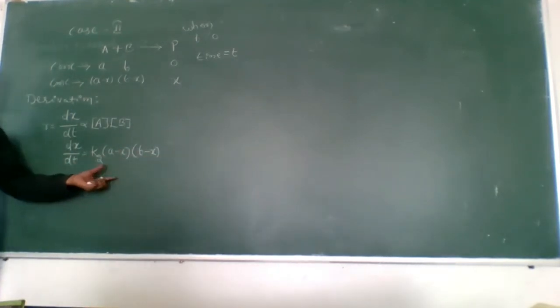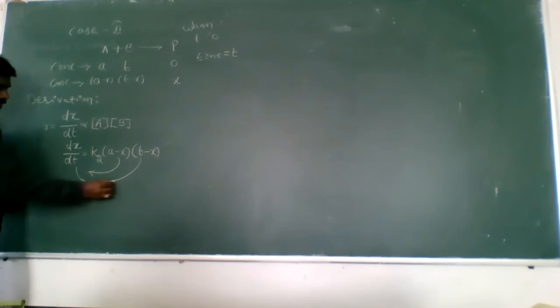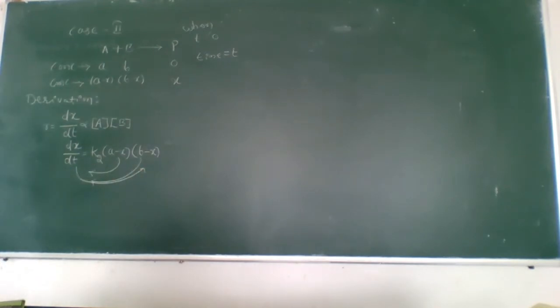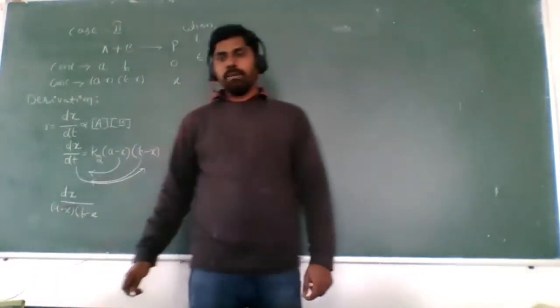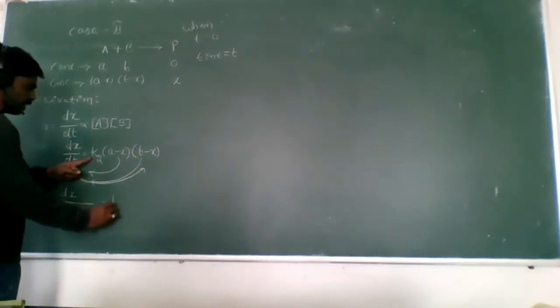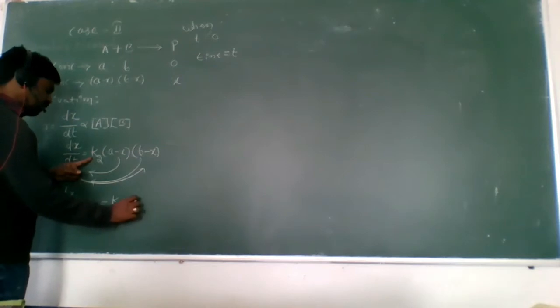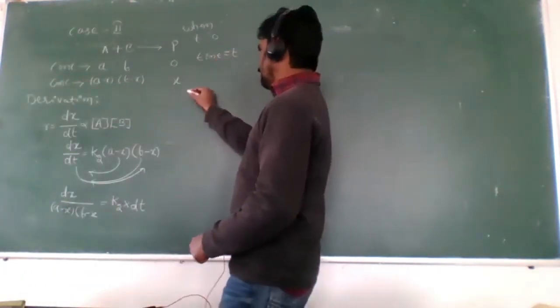Now I put the x values on one side, and dt comes to the other side of the equal sign. So dx by (a minus x)(b minus x) equals k2 into dt.